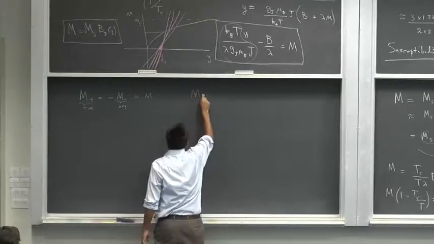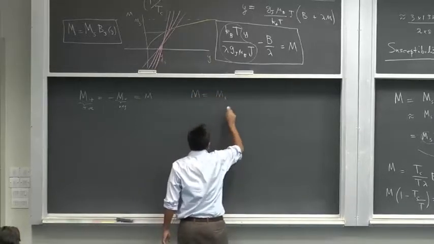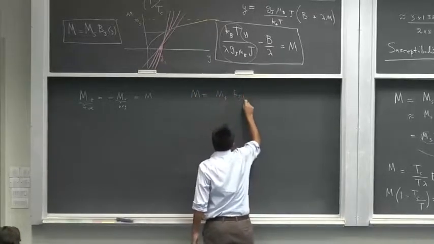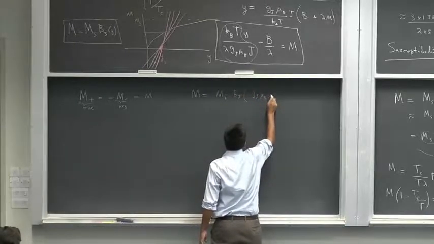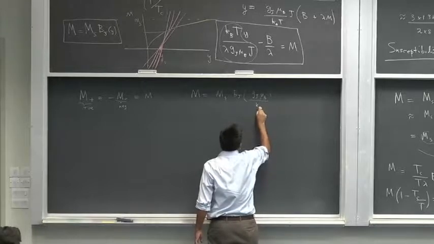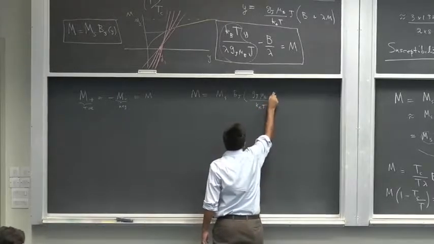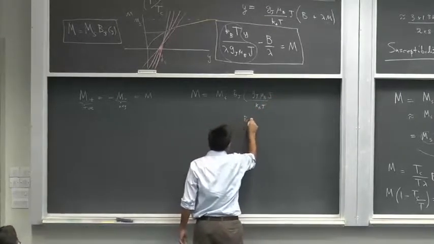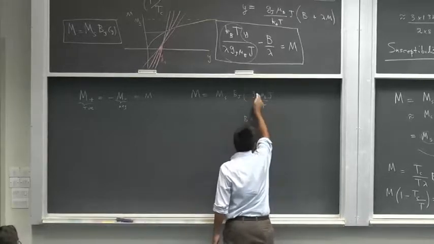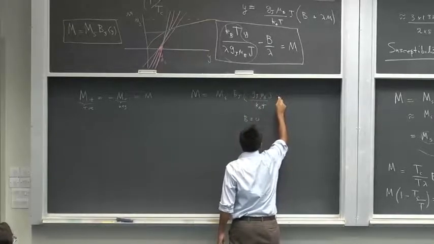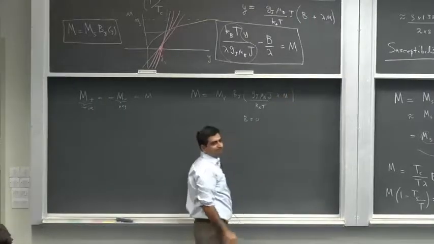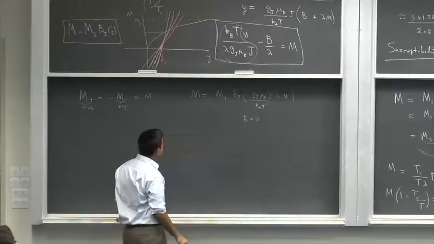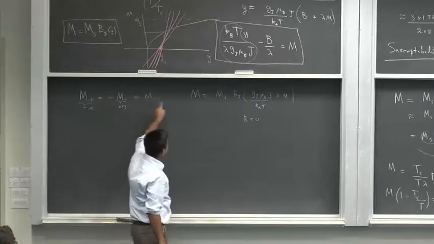If I look at the top one, M equals Ms Bj, where y is Gj mu B J over kBT, and if my field is 0, I have minus lambda M minus, which is just lambda M. Minus M minus becomes M plus.